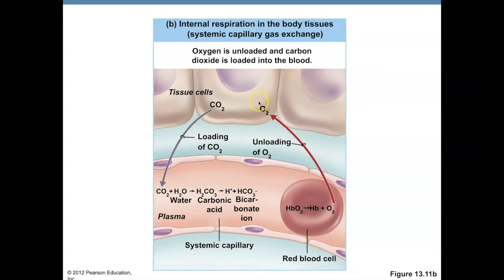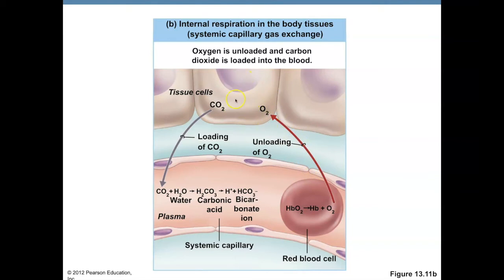Because if these cells can't get rid of their CO2, that's not going to be good. And if they don't have oxygen, that's not going to be good. So they need a way to get this oxygen. Again, these red blood cells are going to transfer their oxygen through diffusion into the tissue cells.